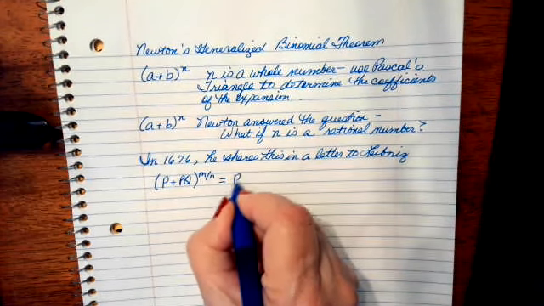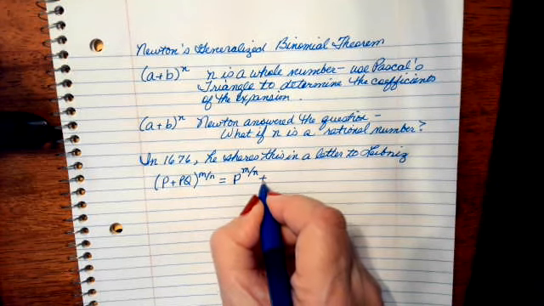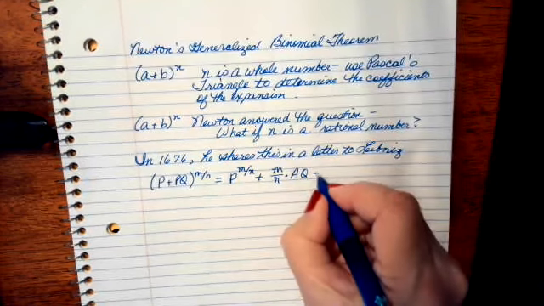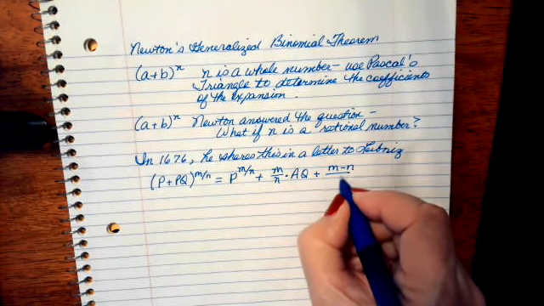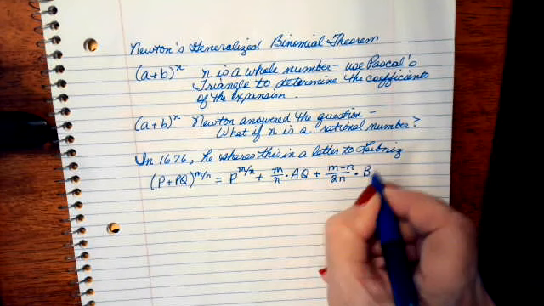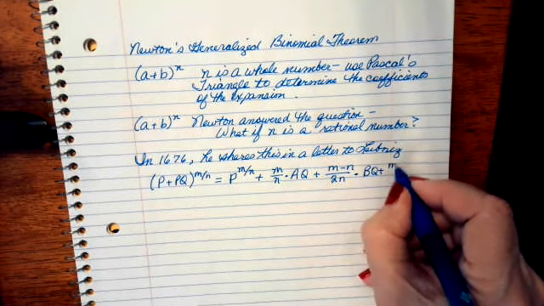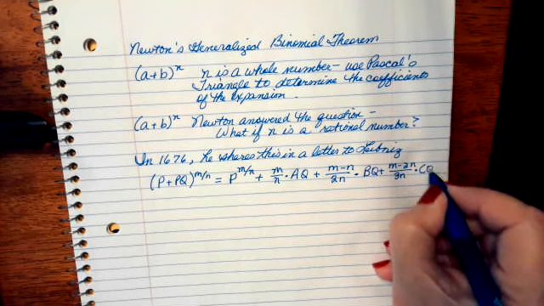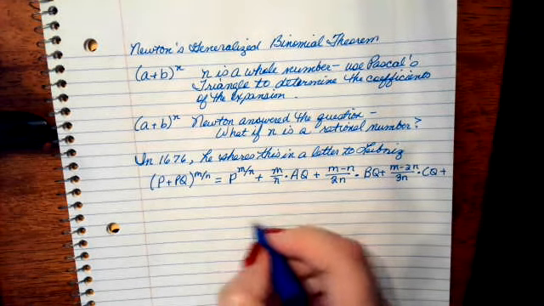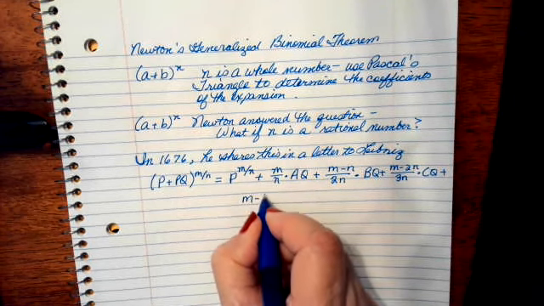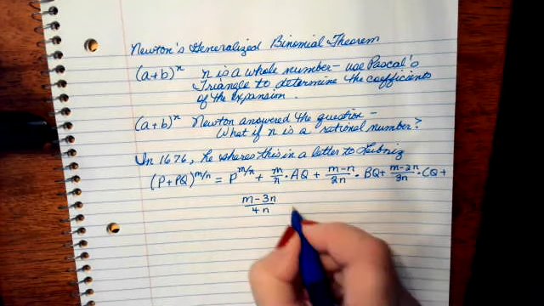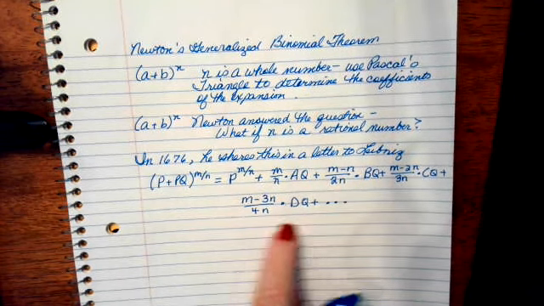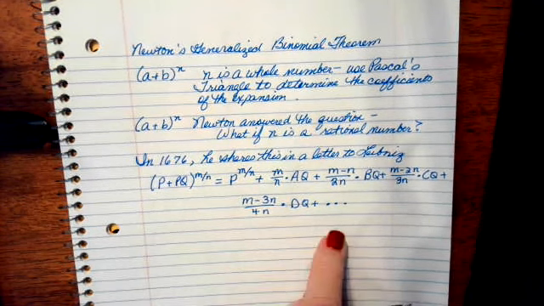That's going to equal P to the m over n, that's my leading term, plus m over n times A times Q plus m minus n over 2n times BQ plus m minus 2n over 3n times CQ plus, and you can guess what the next term is going to be, m minus 3n over 4n times DQ plus ... So in other words, I've potentially got an infinite series here.